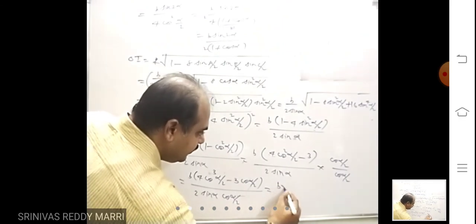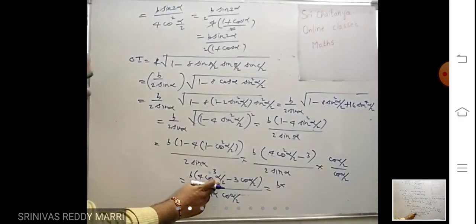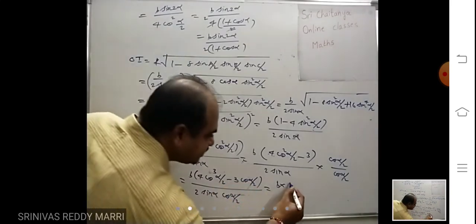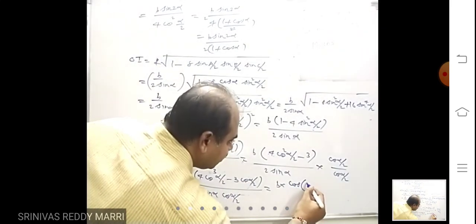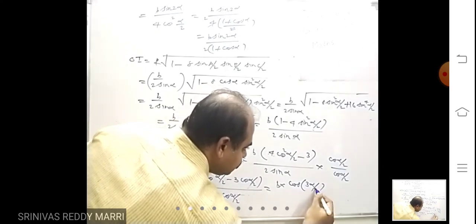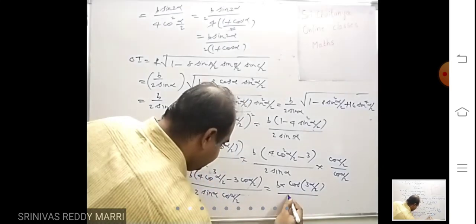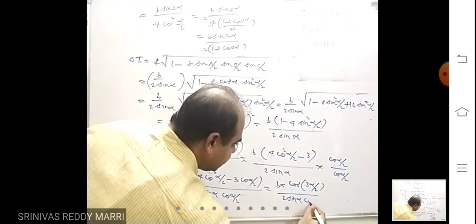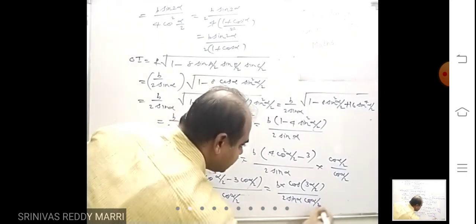That means b into, this is 4 cos cube A minus 3 cos A, that is cos 3A, that is cos 3 alpha by 2, divided by 2 sine alpha cos alpha by 2.